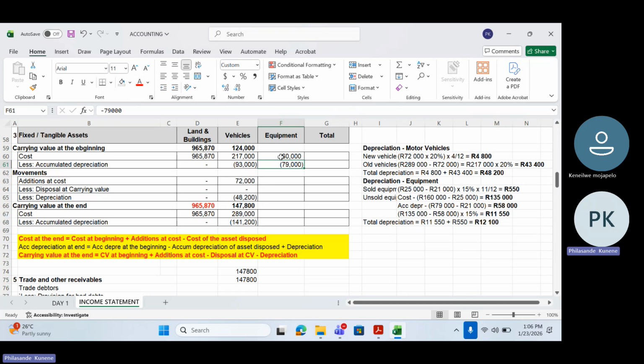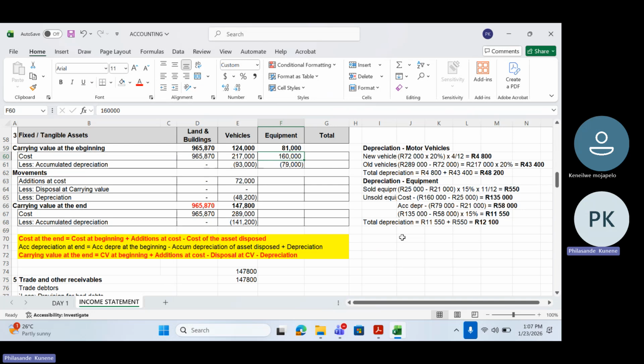Am I right? So it means now I can get my carrying value at the beginning. How much will it be? It's going to be 81,000, right? Because we're taking the 160, then we minus the 79,000.